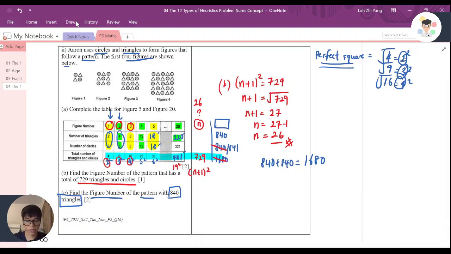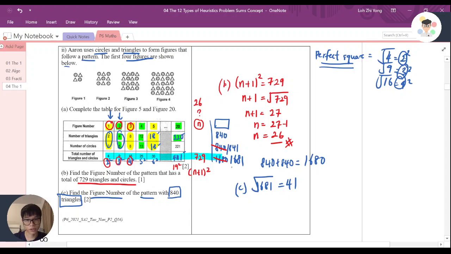So let's try 840 plus 841, and that is 1681. Let's try to square root 1681. I get 41. Is 41 the answer?